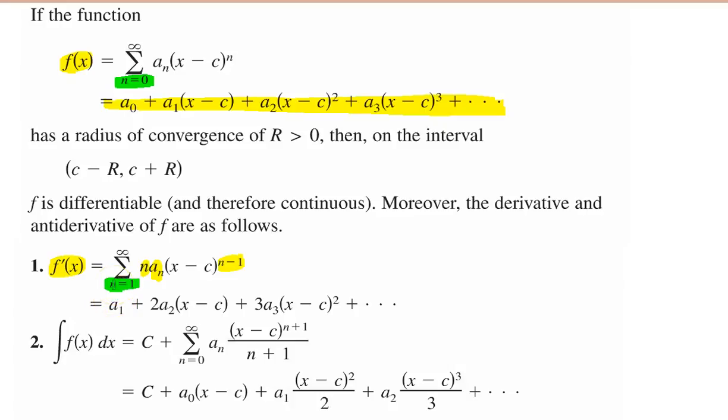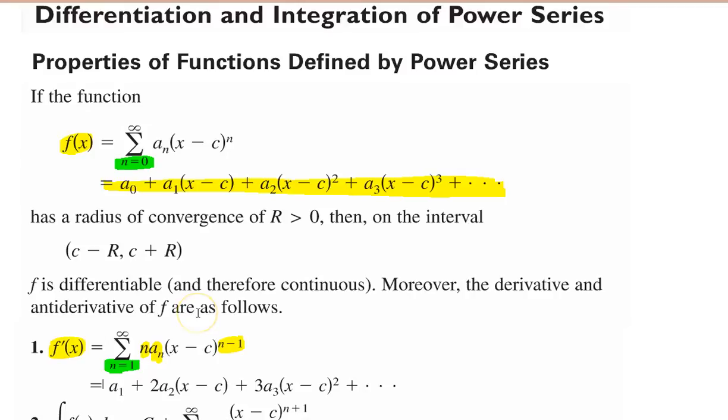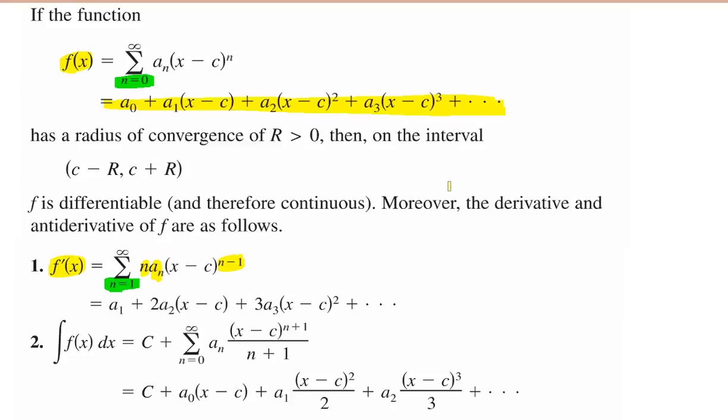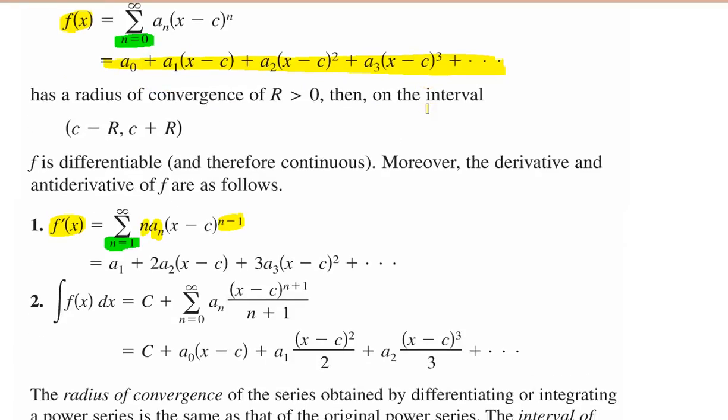Alright, now let's go back to the original power series. The original power series is here, and these are the first few terms of this original power series. Now, because this is a function of x, it makes sense to integrate that with respect to x. All you have to do is go ahead and integrate from left to right, term by term. And here's the shortcut, guys.